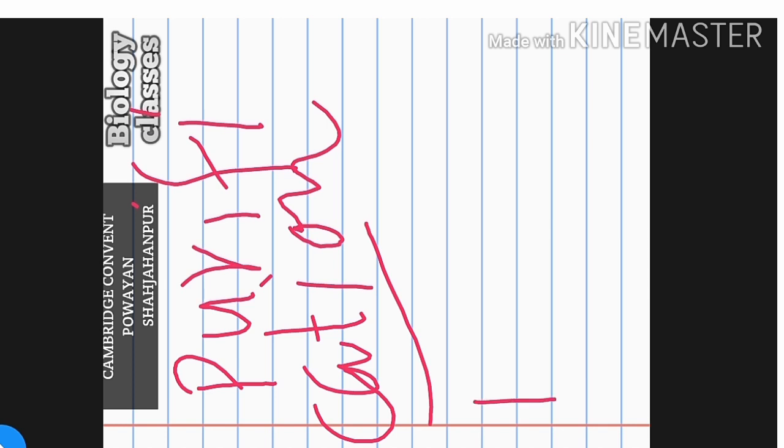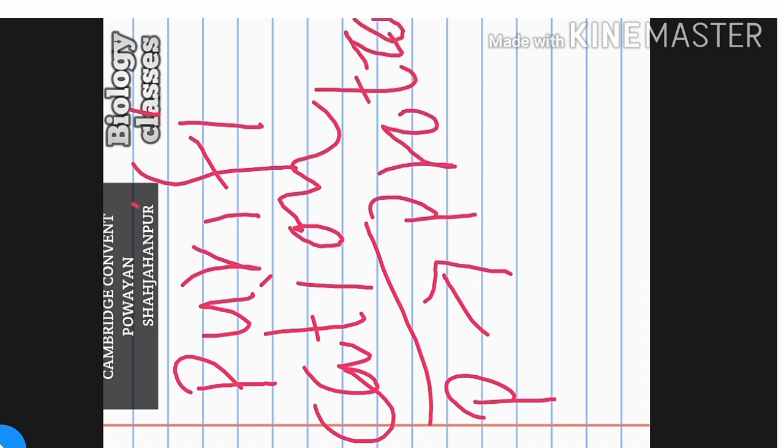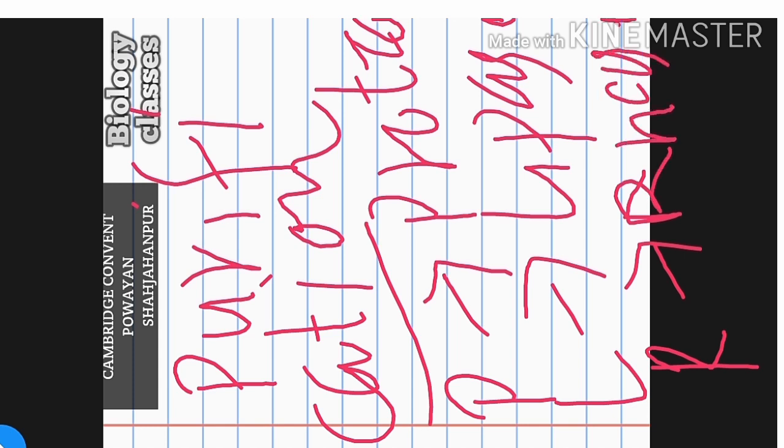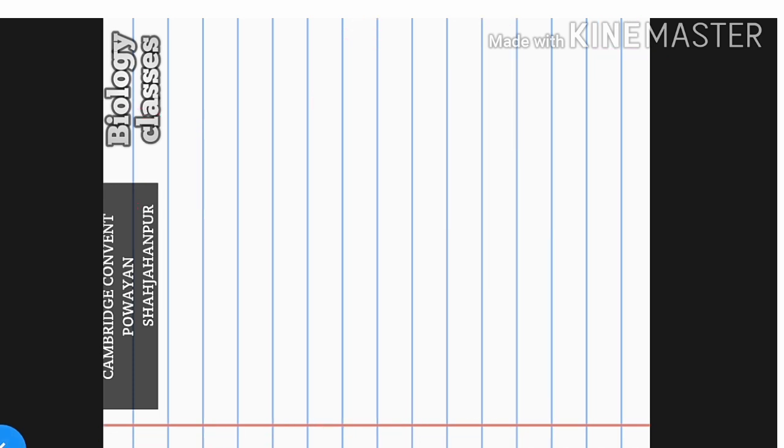For removing the protein we will use protease, for removing the lipid we will use lipase, and for removing the RNA we will use RNase enzyme. So this is all about the purification of the DNA.